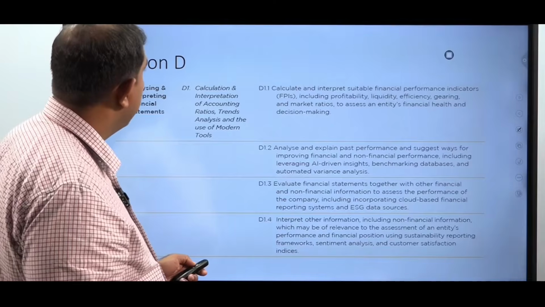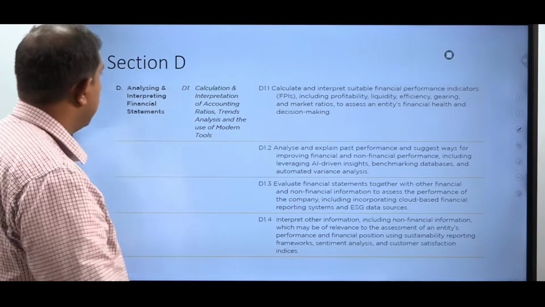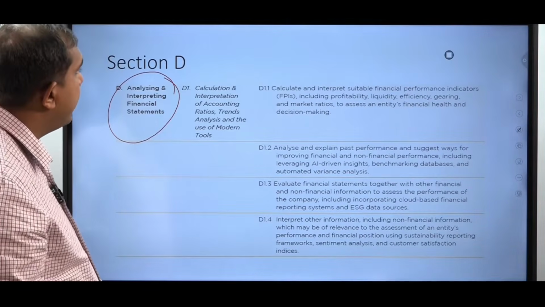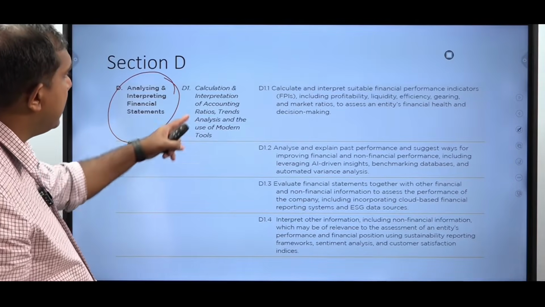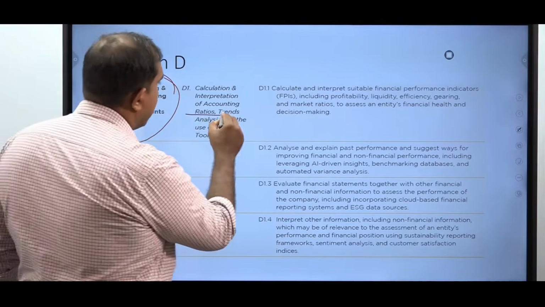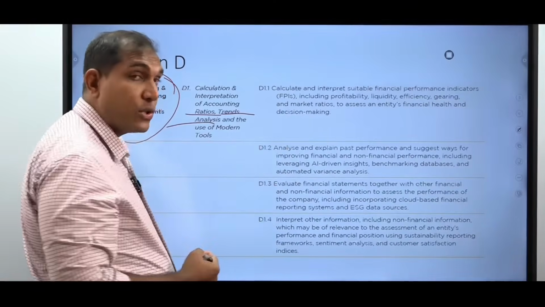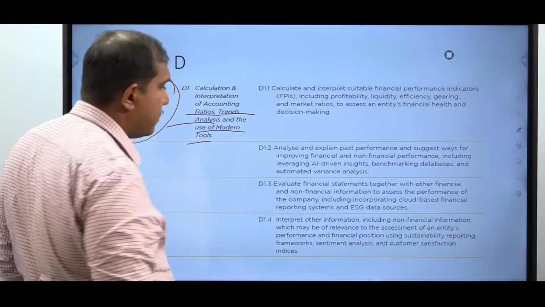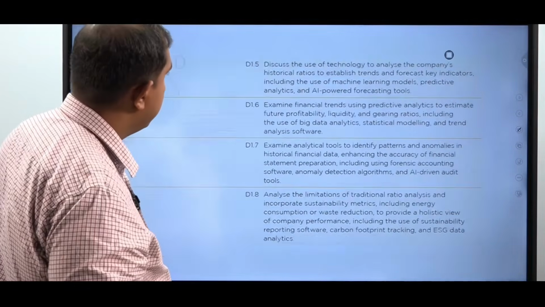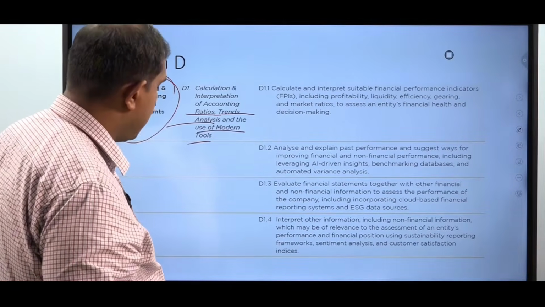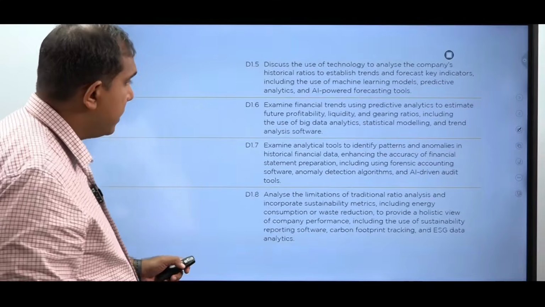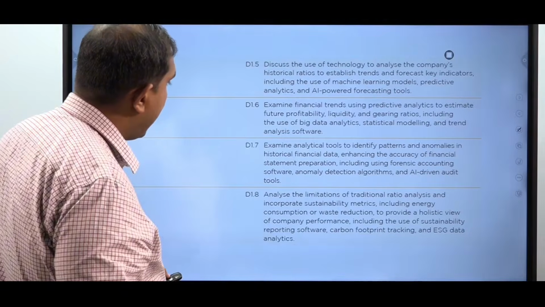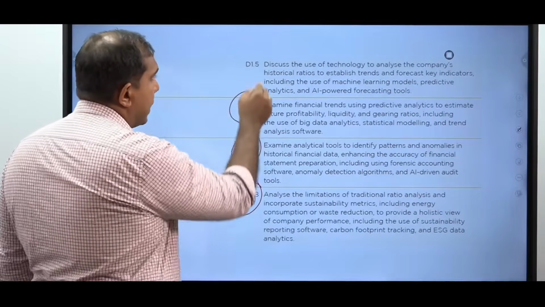Then the last section, analyzing and interpreting financial statements. In this case, you can see ratios, trend analysis, that's called horizontal analysis. Modern tools will be discussed, right? In this particular section, D1.8, there are 8 sub-objectives.